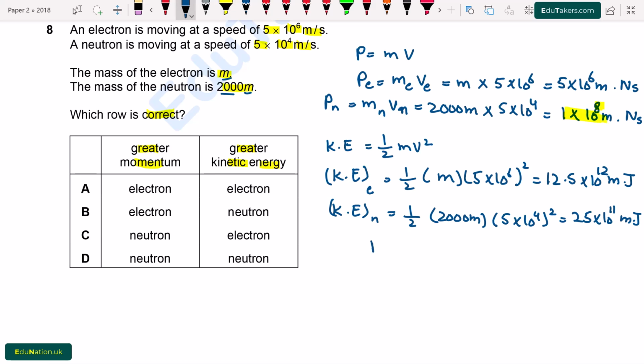So I write momentum of neutron is larger as compared to electron. Next, the kinetic energy of the electron is larger as compared to the neutron. It means that neutron has larger momentum while the electron has greater kinetic energy. So from here only option C is correct.